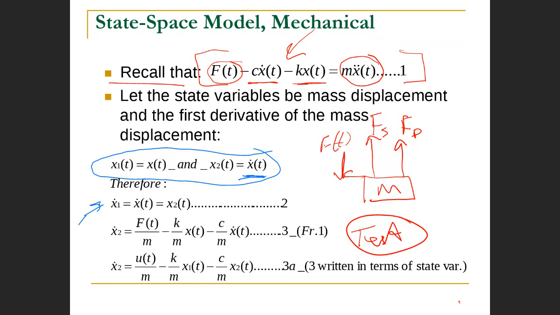Now, the next move would be to write our expression in the format that the state space expression looks like. And you recall that the first are the state derivatives, which is actually x dot, the first derivative of the state variables. Now the way to write it is like this.